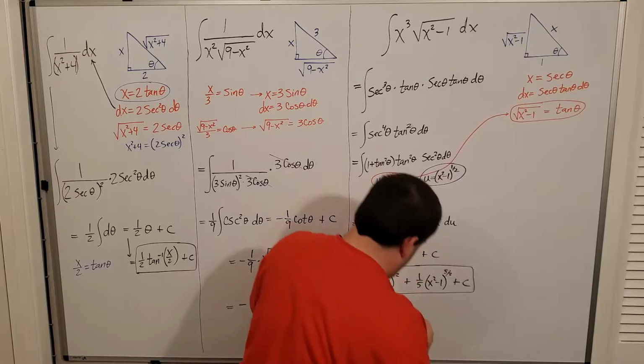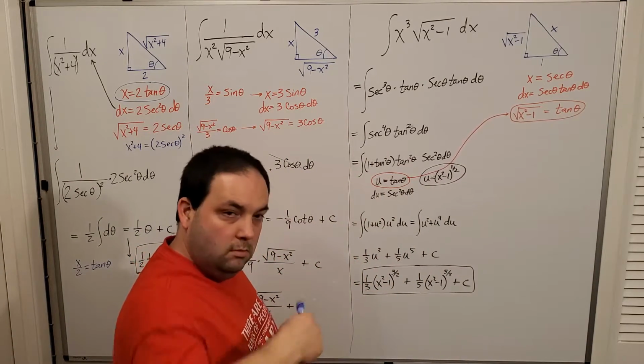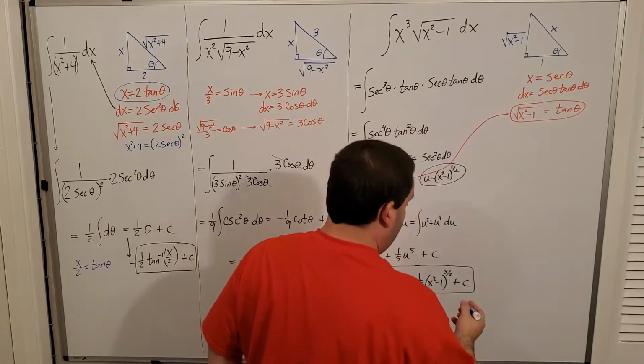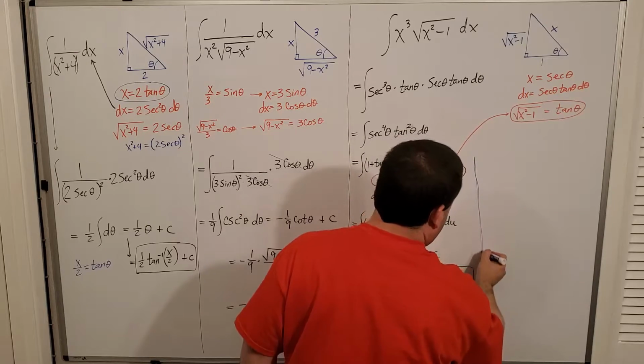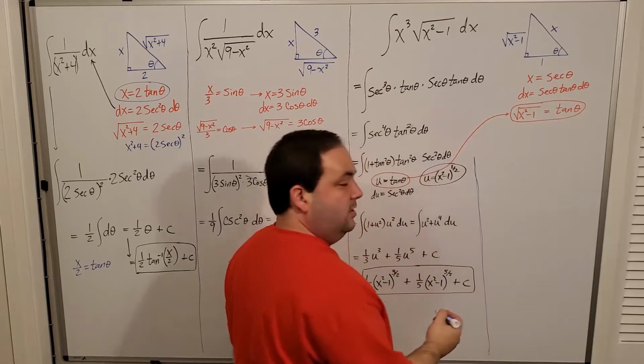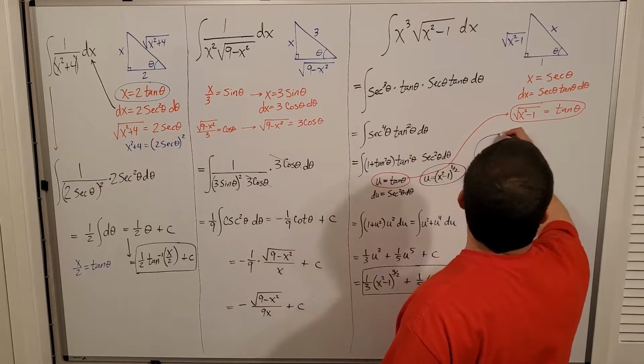Okay? Now, incidentally, you could have done this one in Calc 1. And this is kind of what I was getting at earlier when I was talking about trig subs always having other options. Well, not always, but sometimes having other options.